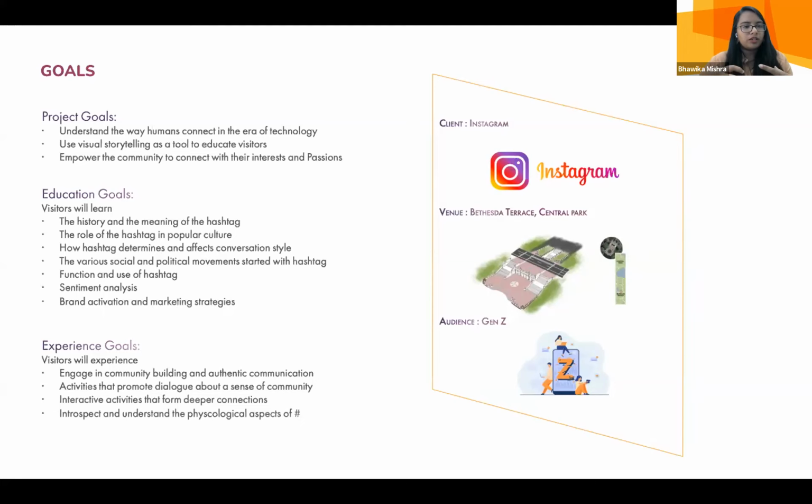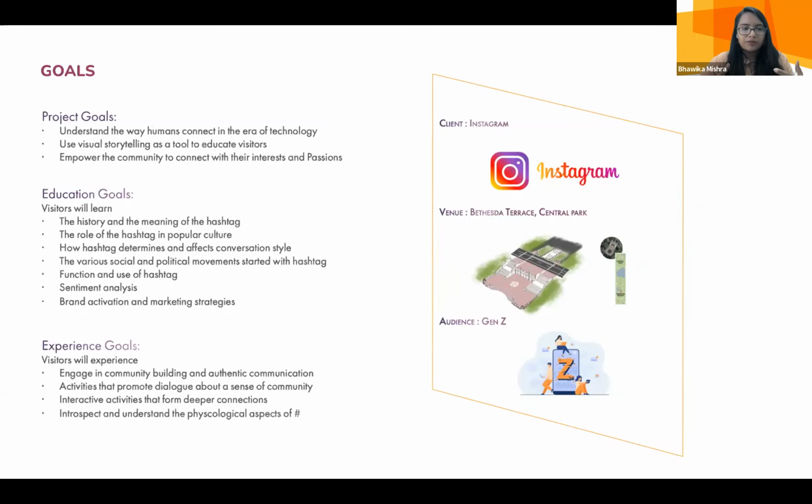So there are various project, education, and experience goals where people would learn about the human connection in this era of technology and how to empower community to connect with their interests and passion, just like how hashtag words bring together the same kind of content.